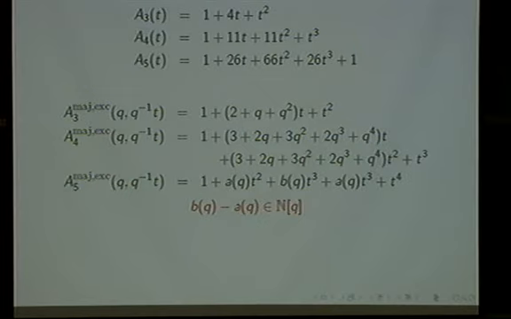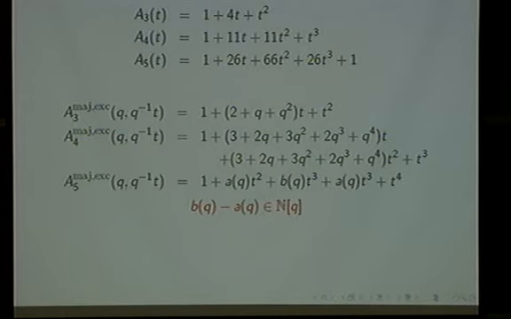It's hard to see anything about unimodality here, because of course this polynomial is less than that polynomial, and for 5 I didn't even write out what these polynomials are. But what I mean by unimodality is that this polynomial is less than that polynomial, which means that the difference of the polynomials is a polynomial with non-negative integer coefficients.